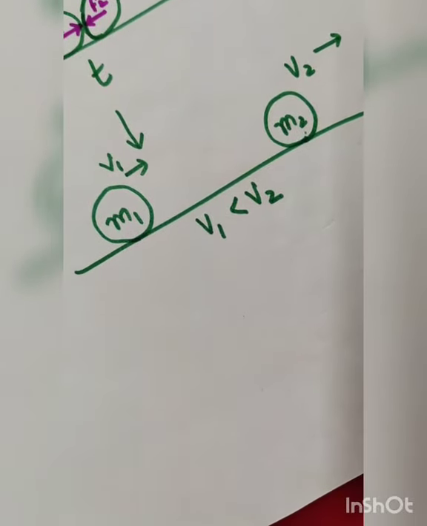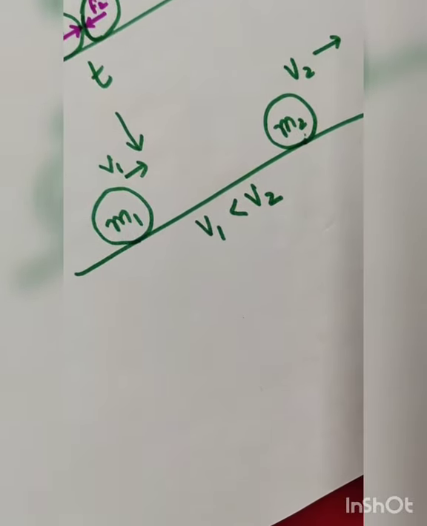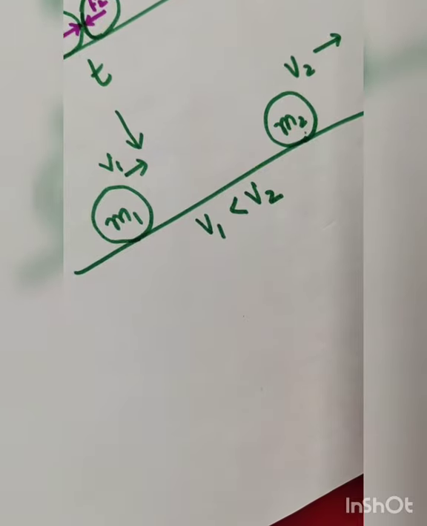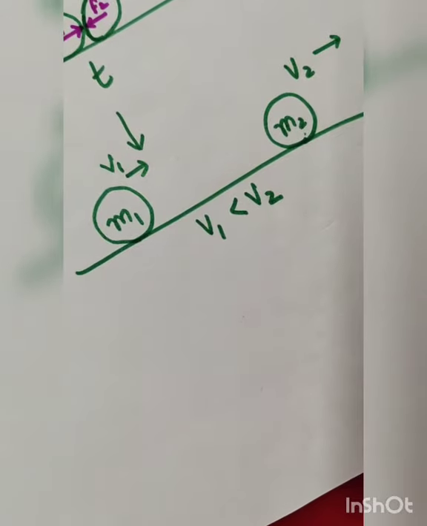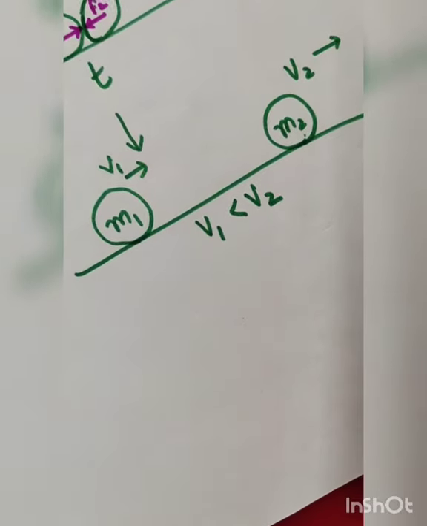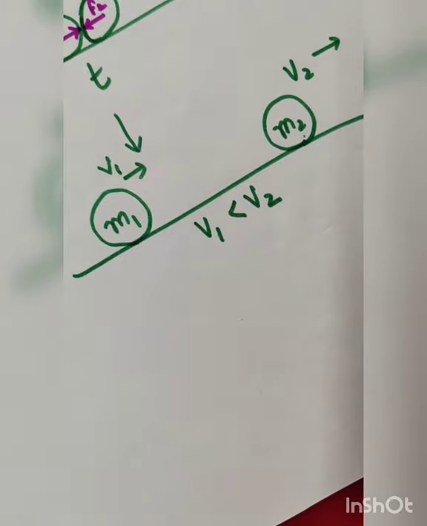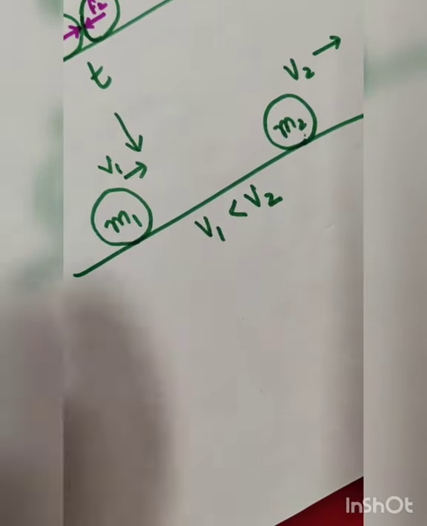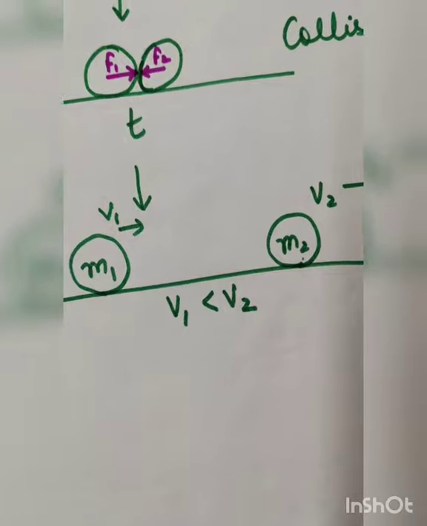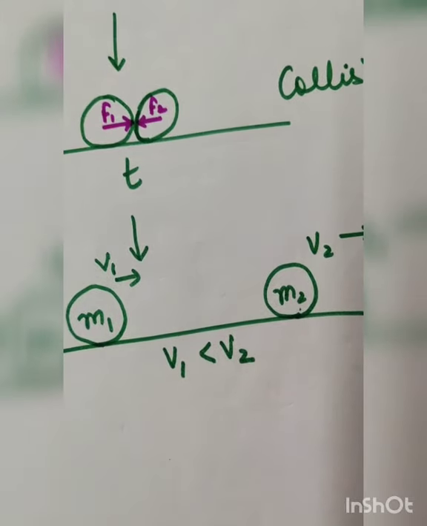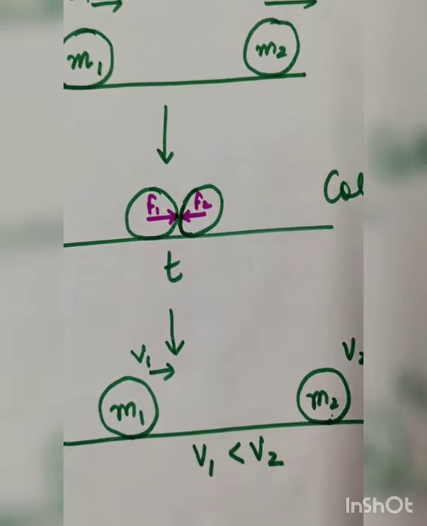Now we are going to see that during this entire process, what will be the overall momentum? Will it be conserved or will it be destroyed? That is, momentum which is being lost by one object, will it be gained by the other or not? According to the law of conservation of momentum, if you are not applying any external force, then it should be conserved. So we are going to see that. So this was our case.